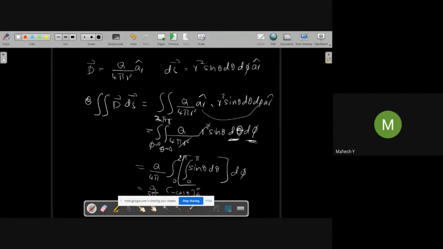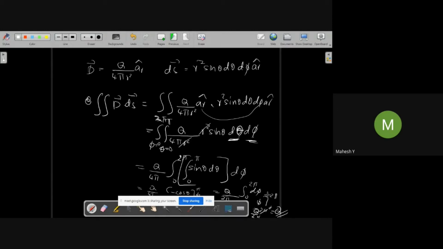Now the integration will be Q by 2 pi into the integral from 0 to 2 pi of d phi. The integral of d phi is phi with the limits 0 to 2 pi, which is 2 pi. So Q by 2 pi into 2 pi cancels. You will get the value as Q, right?